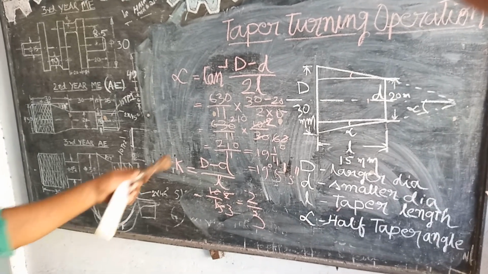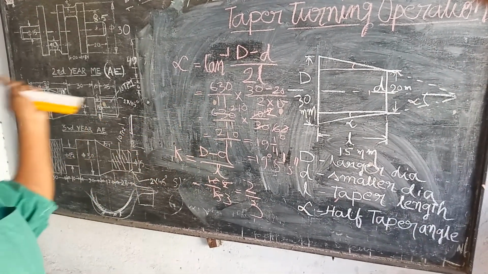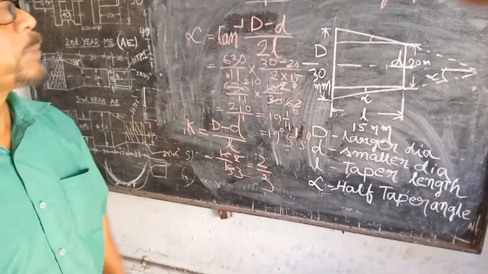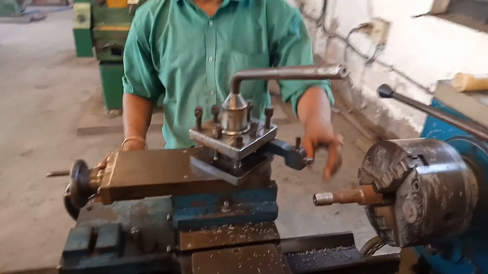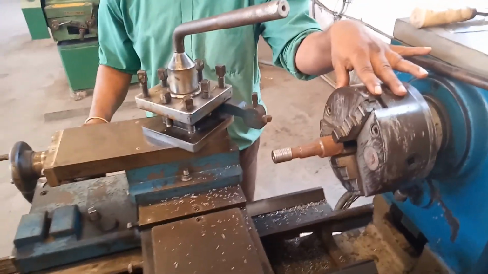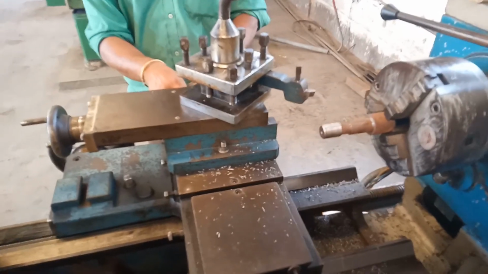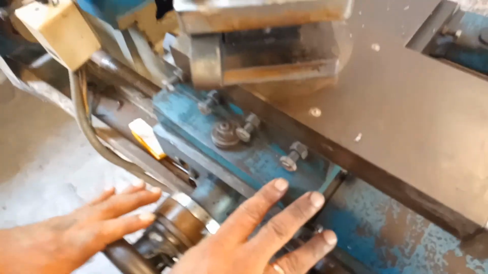Now I am showing this theoretical part on the machine, so you will get clear about this taper turning operation. Let's go to the lathe machine. The job is set in the 3-jaw universal chuck in this way, and you should set the half taper angle, 19 degree 5 minutes, on the compound rest.